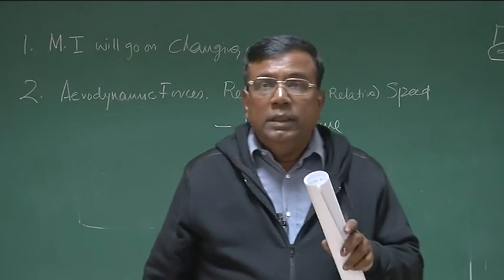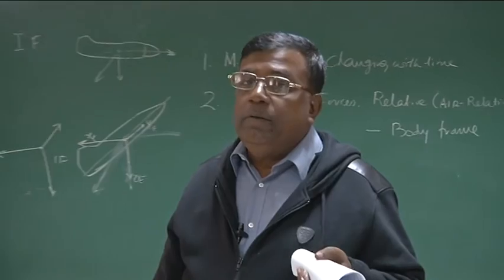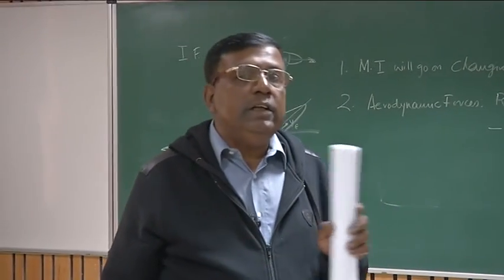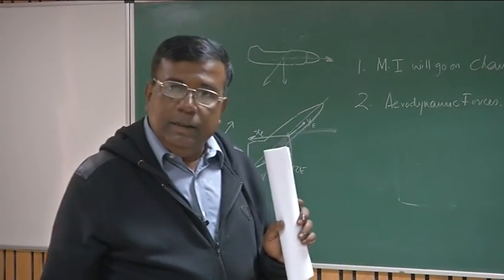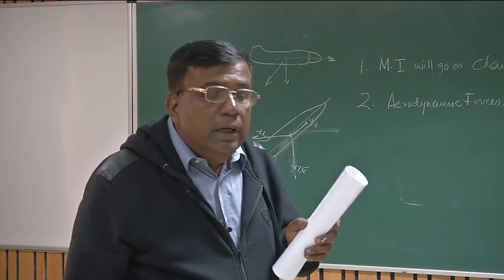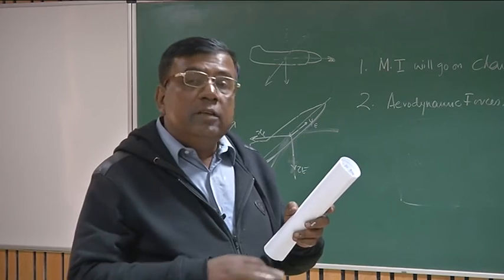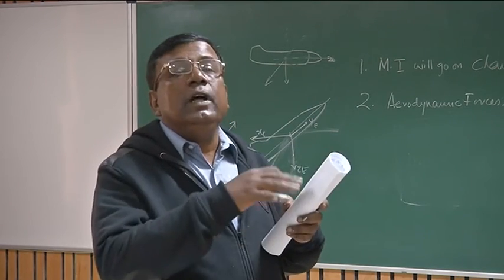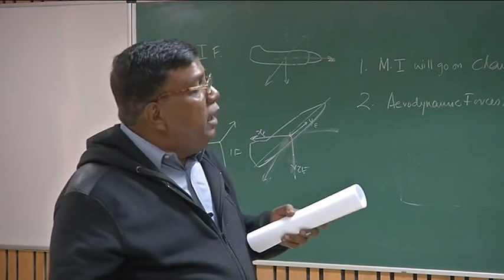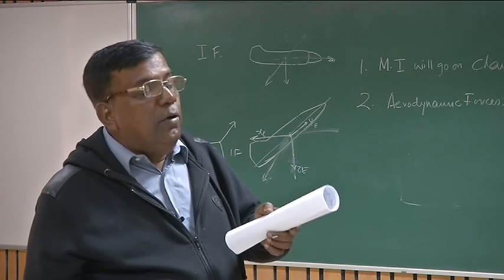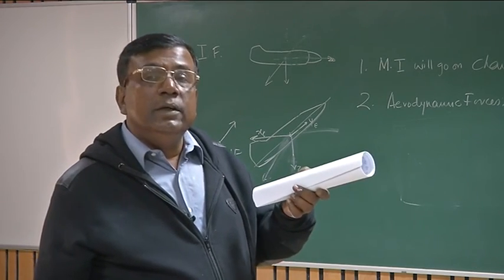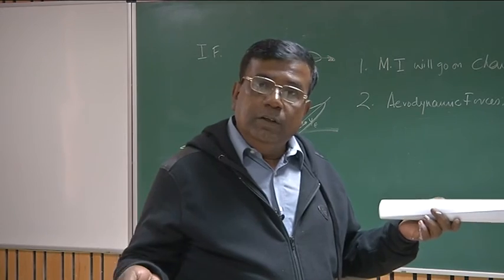So, since the frame rotates, in body frame the moment of inertia will not change with time, correct? Because the axis also is rotating. If it was with respect to the inertial frame, then as the body rotates, the inertial frame is not rotating, so there will be a change in moment of inertia. Now, if I work in body frame, as the body moves, the axis also moves. So, moment of inertia will remain the same, no issues.